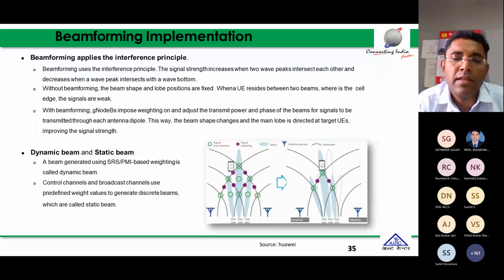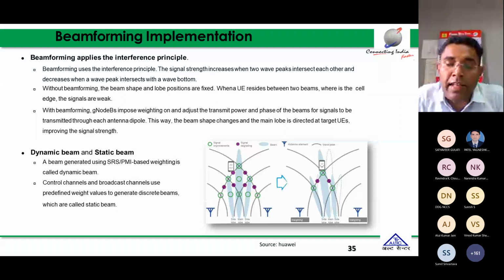Dynamic beam means their beam width, their gain, and their direction are not fixed. But in 5G, the control channel and broadcast channel use predefined weight values to generate a discrete beam, which is called the static beam.